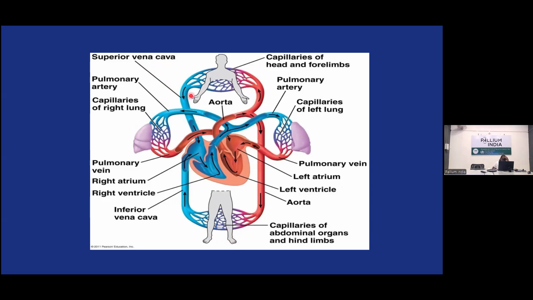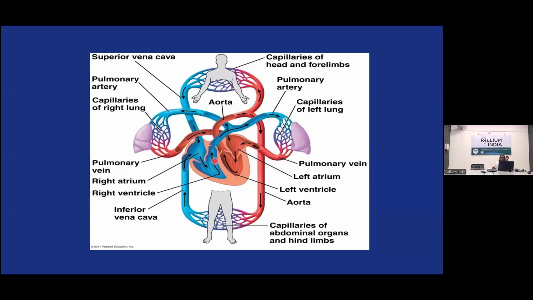In both the upper and lower parts of the body, there is a connection between the arterial capillaries and the venous capillaries. You can also look at the lungs.